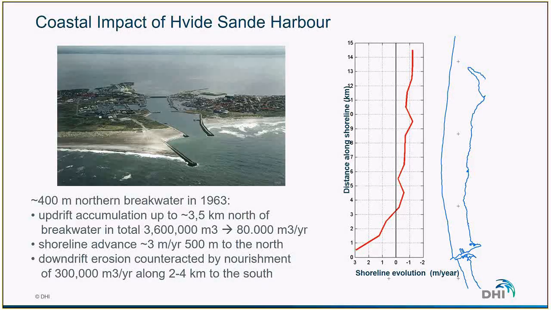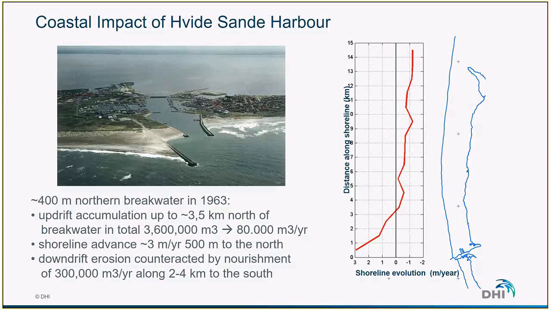So in 1963, a new breakwater was constructed, about 400 meters long, and basically this breakwater was blocking most of the sediment transport. This led to an updrift accumulation of a lot of sand, on average 80,000 cubic meters per year. It's been estimated that this accumulation extends up to 3.5 kilometers north of the breakwater.